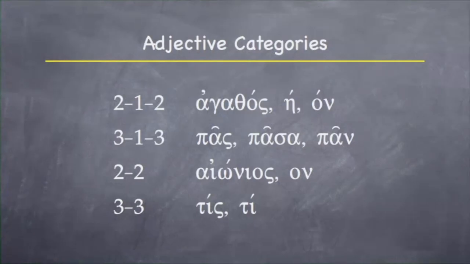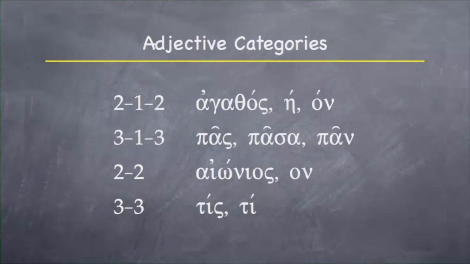Adjectives will fit in one of 4 basic categories. There are 2-1-2 adjectives like agathos, where the masculine is second declension, the feminine is first, the neuter is second declension. There are also 3-1-3 adjectives like we learned with pos, where the masculine and the neuter are third declension, the feminine is first. And we've also seen 2-2 adjectives, ionios, ionion.